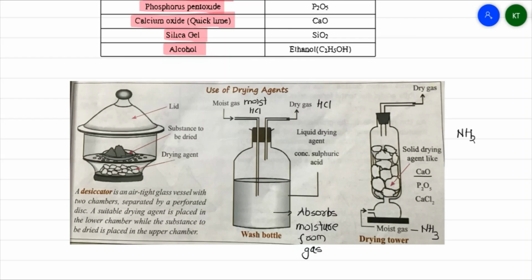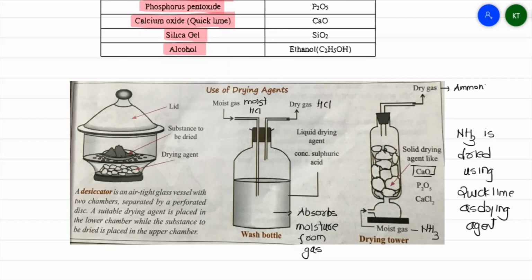So ammonia is dried using quicklime as a drying agent, because ammonia is basic and quicklime is also basic, so no reaction takes place. So here I am using calcium oxide or quicklime to dry the ammonia gas, and I am getting dry ammonia.